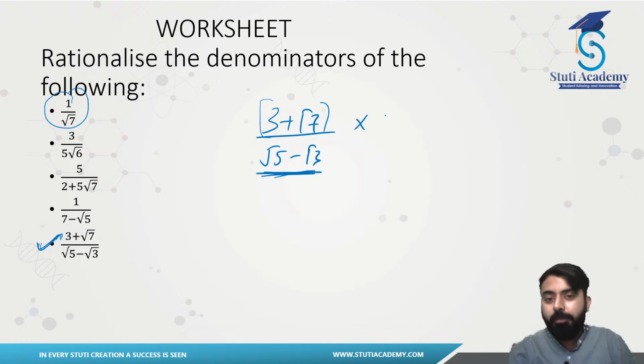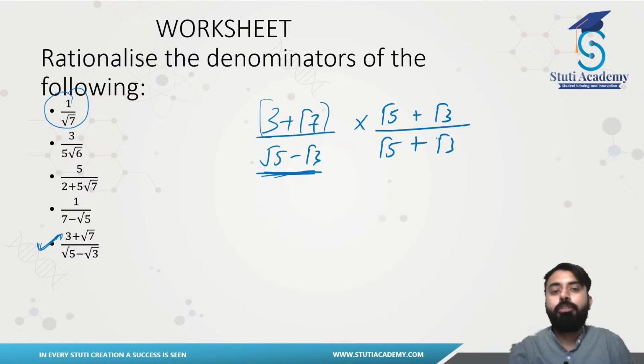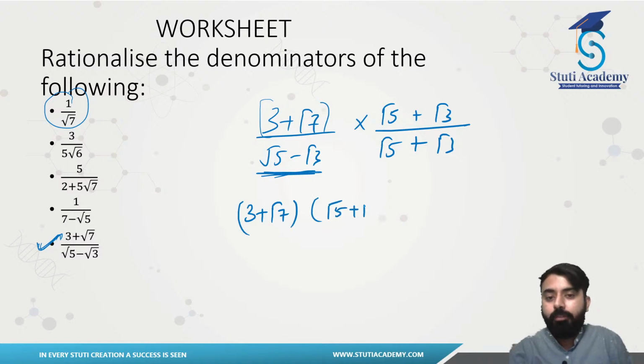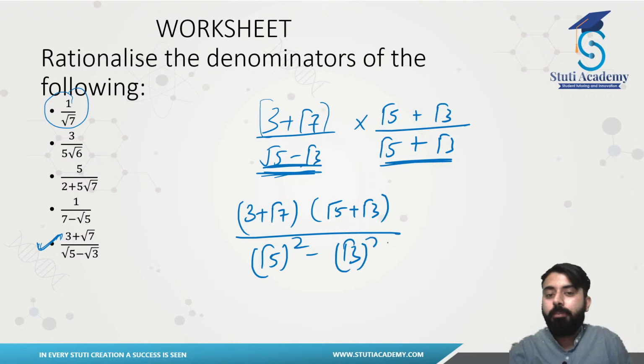So I will be multiplying this with (square root 5 plus square root 3) divided by (square root 5 plus square root 3). Negative sign is here, so I will be putting a positive sign. Then you have to do what? (3 plus root 7) multiplied by (root 5 plus root 3) over, this will be (a minus b)(a plus b), a square minus b square.